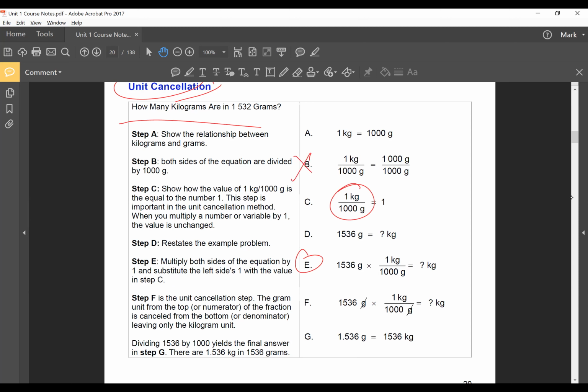This is what I'm talking about with a conversion factor. Step B is kind of the theory behind this, but the idea is 1 kilogram is equal to 1,000 grams. And when I say equal, they are exactly equal. 1 kilogram is literally 1,000 grams.